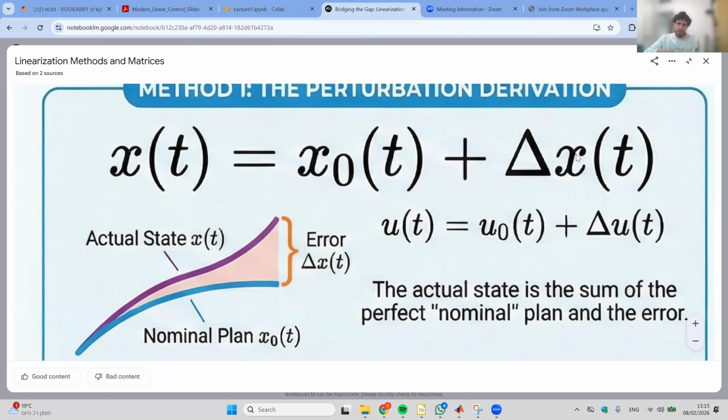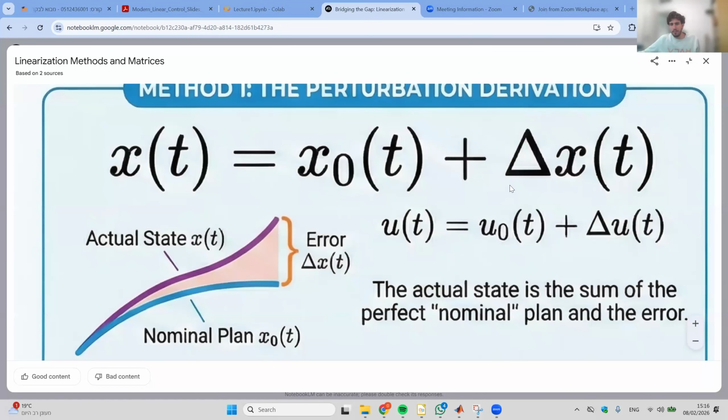And we do the same assumptions for the controller. So the nominal controller, the controller which brings the system to behave like the nominal plan, that's U0, and U itself is actually the controller which brings the system to behave like the actual state.